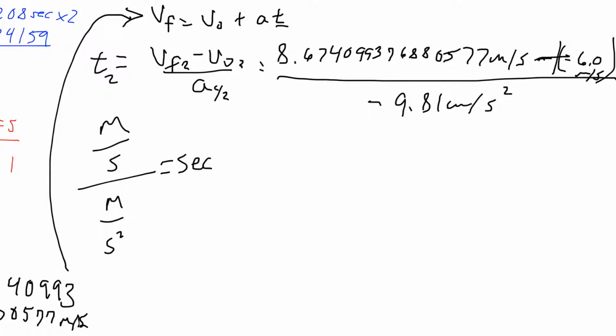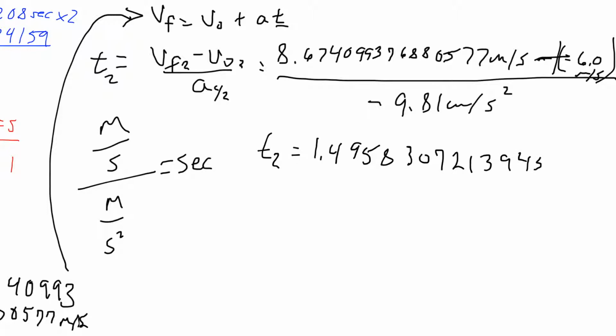So let's plug all that into our calculator. When I plug that in, I get that T2 is equal to 1.4958307213945554 seconds.